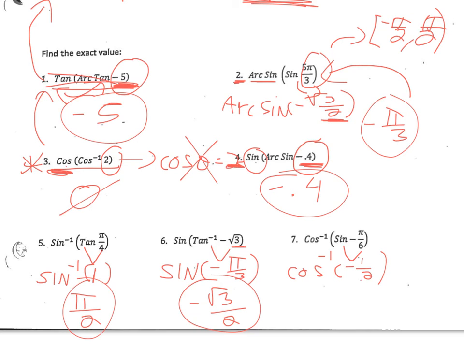Cosine's negative in the second quadrant, so I'll put second quadrant. And x is -1/2 at 2 pi over 3. Again, just one answer. All right, so these take 2 steps. When in doubt, you can always do what's in parentheses first and then do what's on the outside second. You're going to see how some of them cancel out and some of them don't.